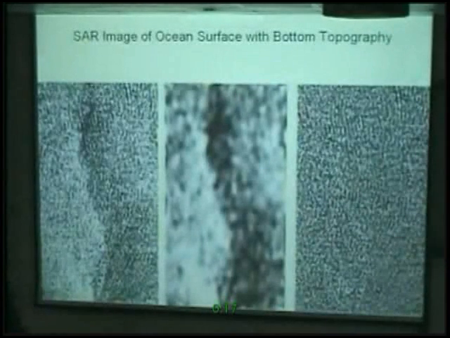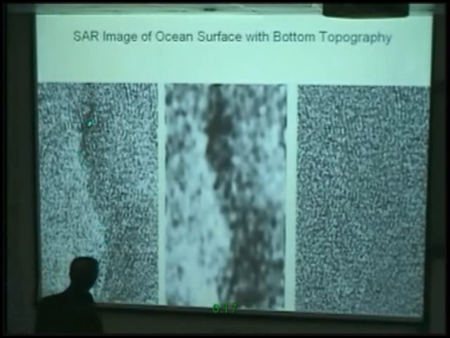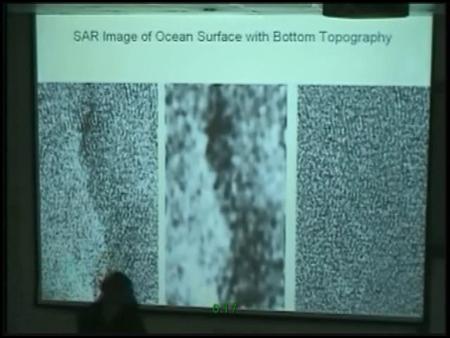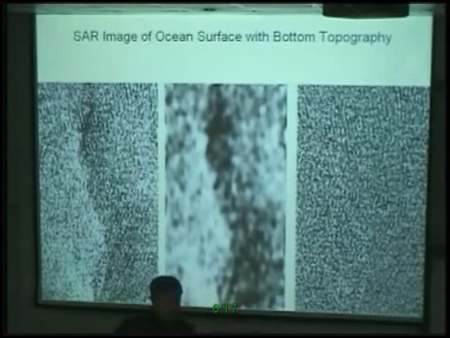And here is another image. This image is a shot of the ocean surface, with a little bit of bottom topography. This picture actually is generated by synthetic aperture radar.